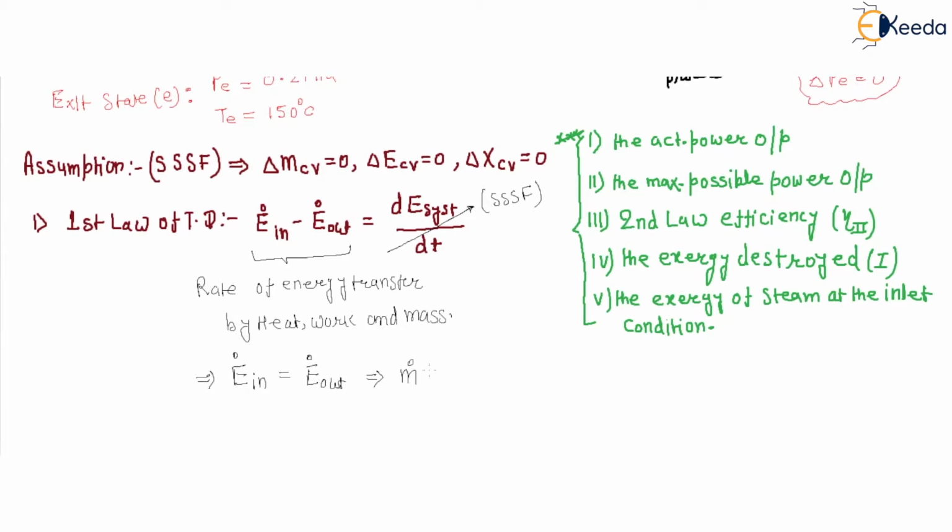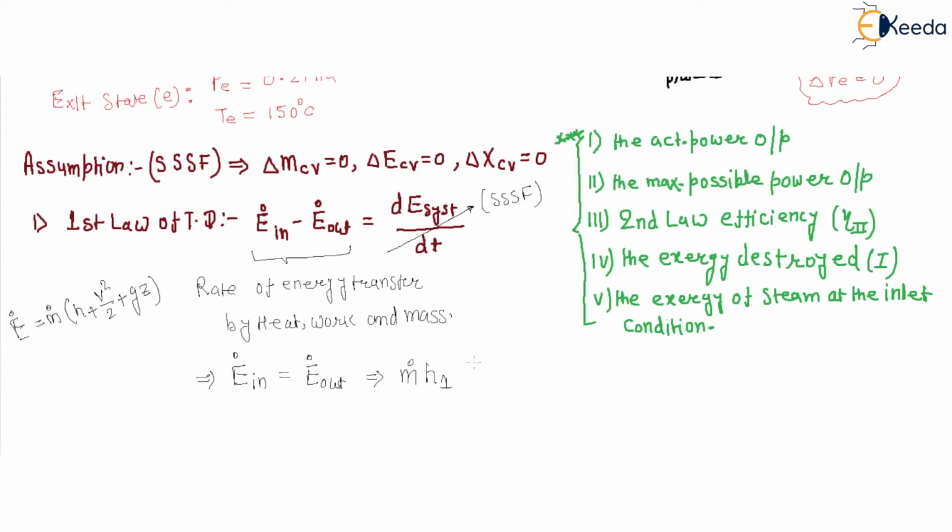The energy in is m dot h1. Why? What is E dot? E dot is m dot times h plus V squared by 2 plus gz. So there is no kinetic energy and potential energy, so m dot h1 is your in.